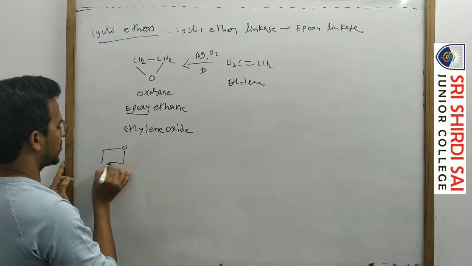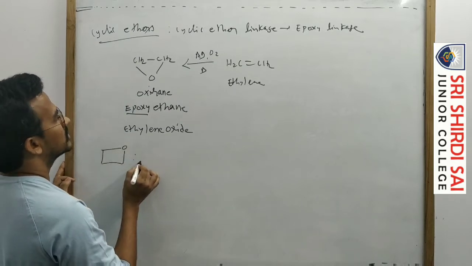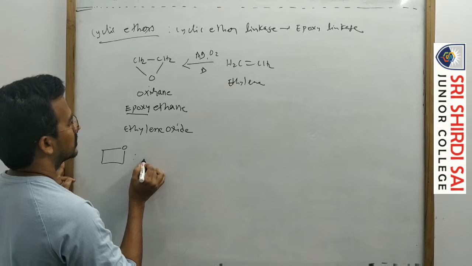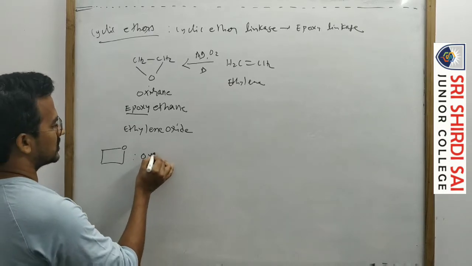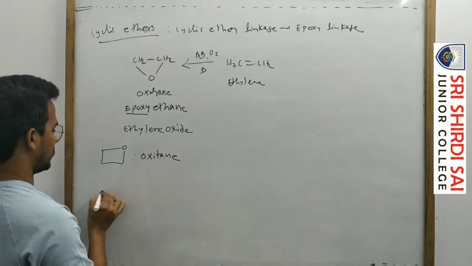For example, the 4-membered cyclic ether is oxetane.